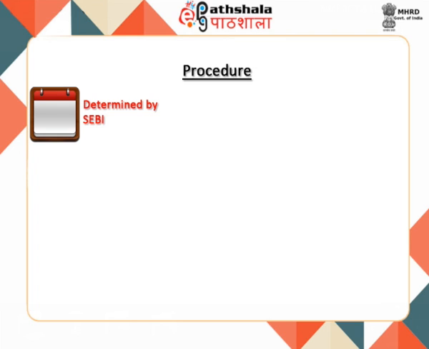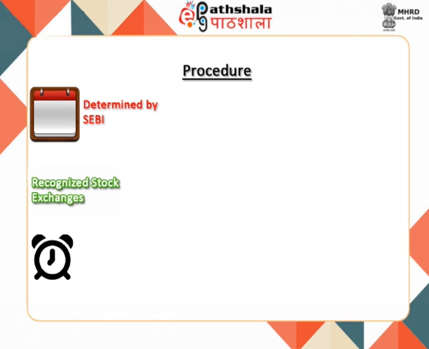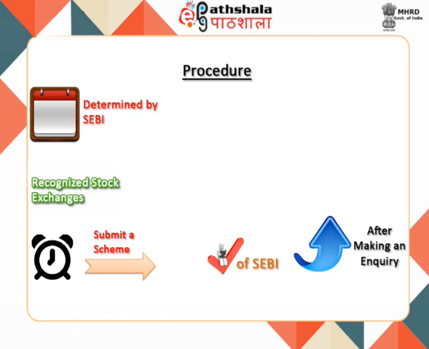Section 4B of the Act states that recognized stock exchanges shall, within a time limit, submit a scheme of corporatization and demutualization for approval to SEBI, that is, the Securities and Exchange Board of India. On receipt, SEBI, after making an inquiry and being fully satisfied in this regard, approves the scheme either with or without modification.